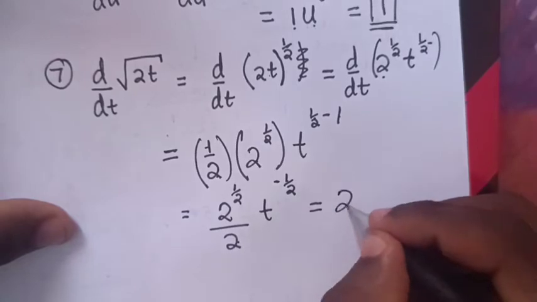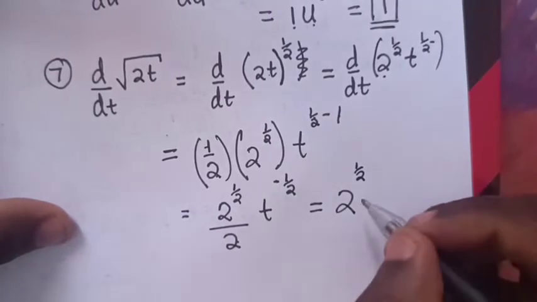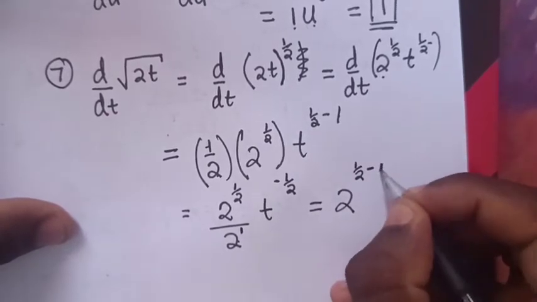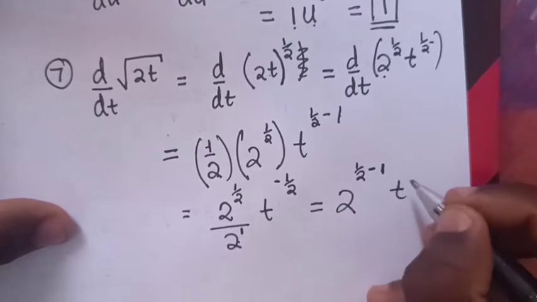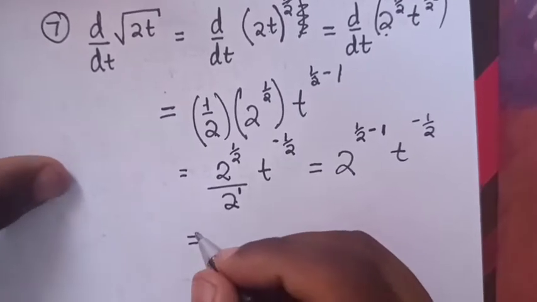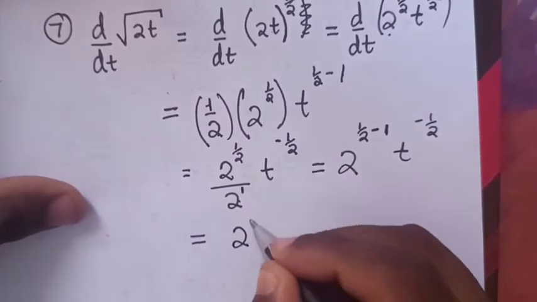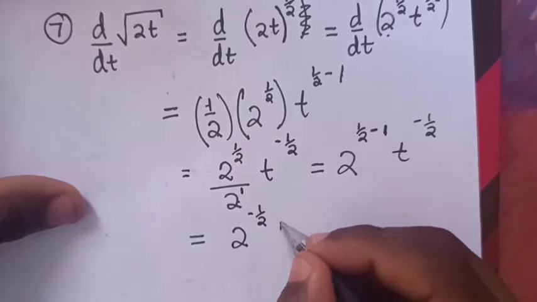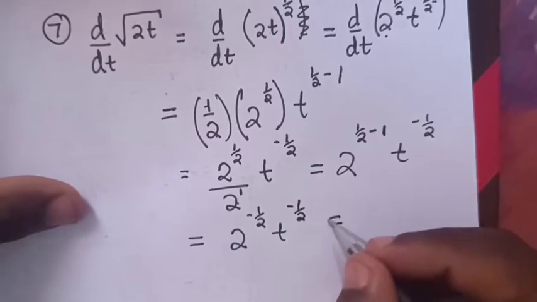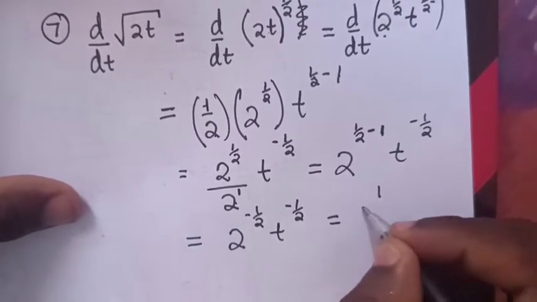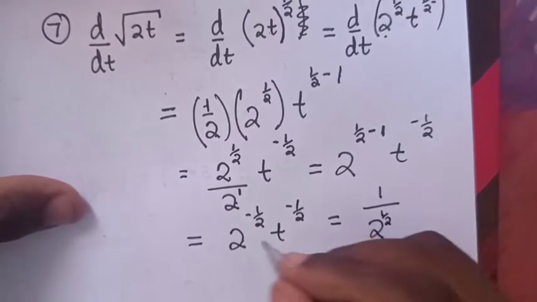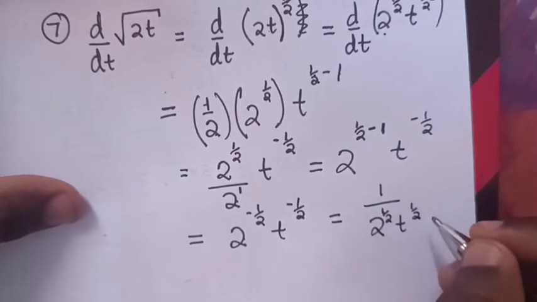So it will be 2 power of a half minus 1, when you divide you subtract the powers, times t power of negative a half, then 2 power of negative a half t power of negative a half. So this can be written as 1 over, because all are negative powers, so it goes to the denominator, 2 power of a half t power of a half.